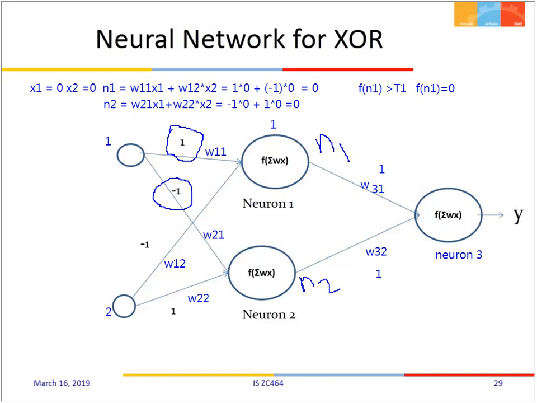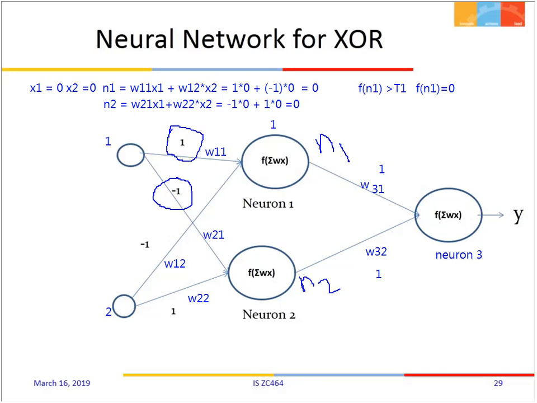So you have to define your function, but I am taking some hint from this to trigger f of n2 as equal to 0, because my total weighted sum at neuron 2 is also 0. I don't want to trigger this. Basically, it has to be triggered only as 0 and get a weighted sum at neuron 3 as 0. 1 into 0 and 1 into 0, that gets us 0.